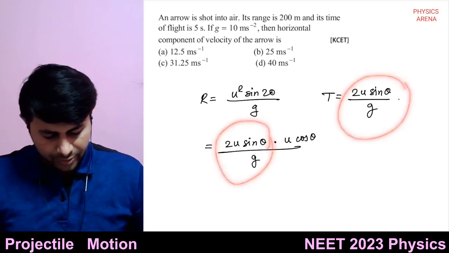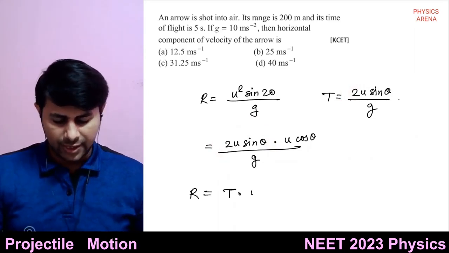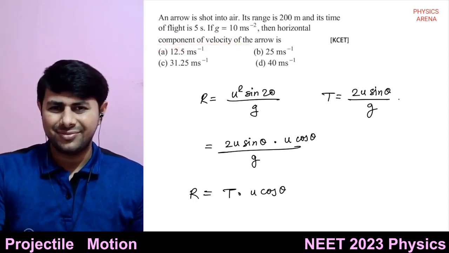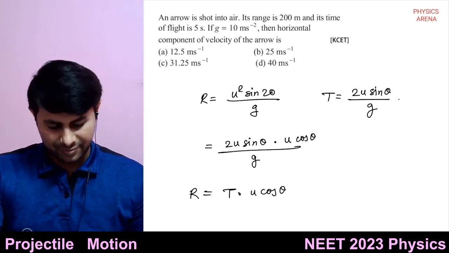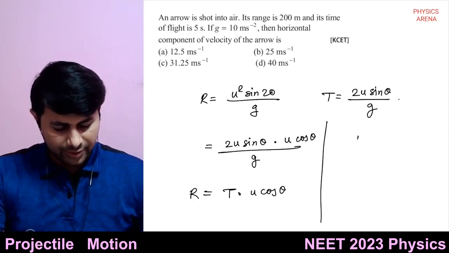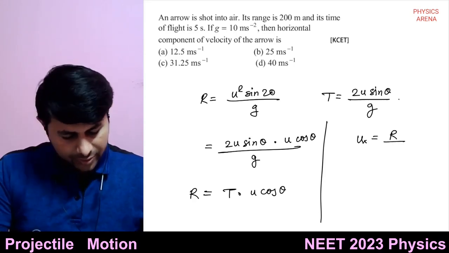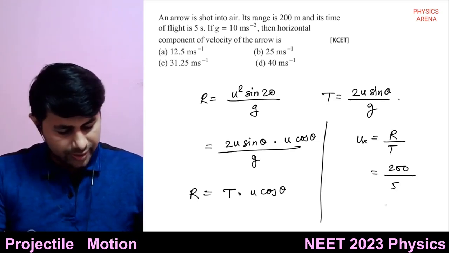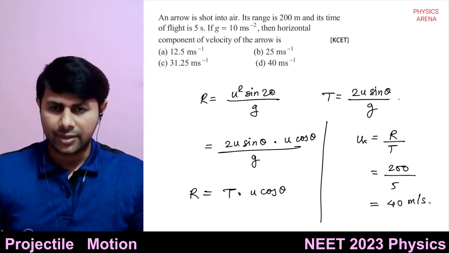So r is equal to time of flight multiplied by u cos theta, and you want the horizontal component of velocity. So it's simple, it is ux. So ux is equal to u cos theta, which is r by t. R is 200, t is 5. So 40 meters per second is the answer. Option D is the answer. This is simple.